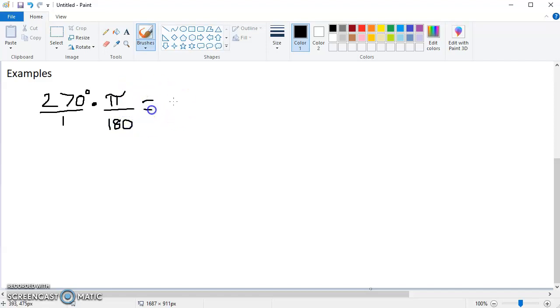This will equal, we can just multiply across and then simplify later. So 270 pi over 180, and then this can simplify to 3 pi over 2.